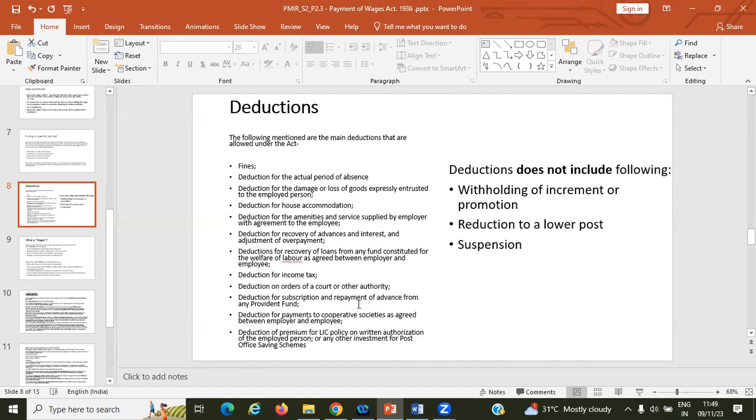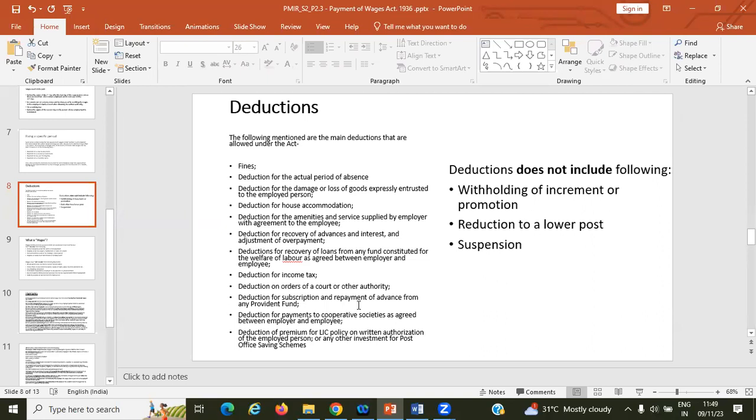The company is deducting something, so that is not a deduction as part of wages. That is a salary cut, a punishment or penalty kind of thing. We cannot adjust it in your salary. That kind of deduction is not allowed.